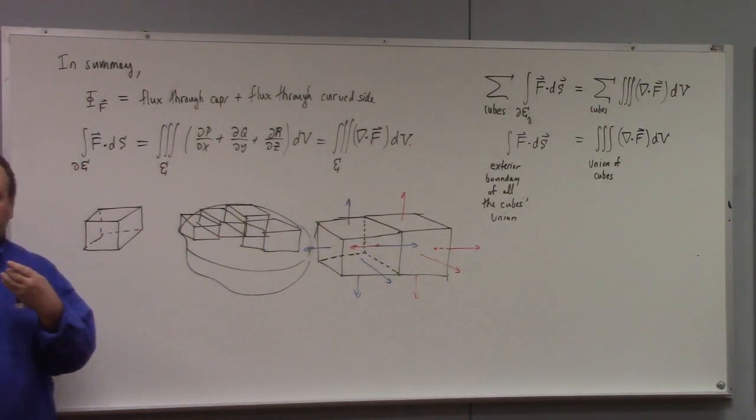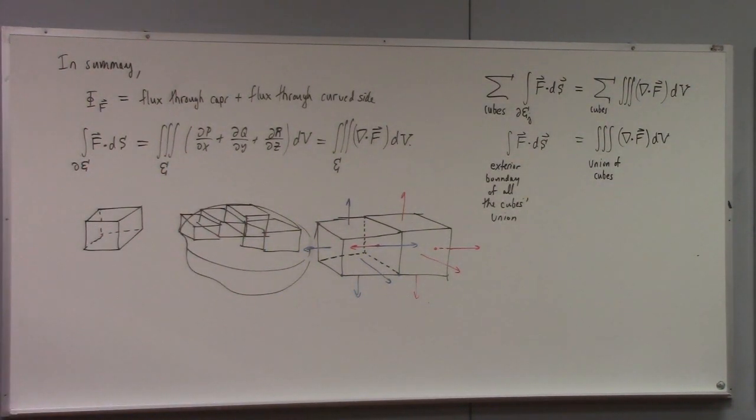So at any interior face, you have the normal from one cube going one way. You've got the normal from the other cube going the other way, but it's the same point set, just with opposite orientation. So when you add the flux integral from one cube to the other, those cancel. And all that you're left with is every exterior face.